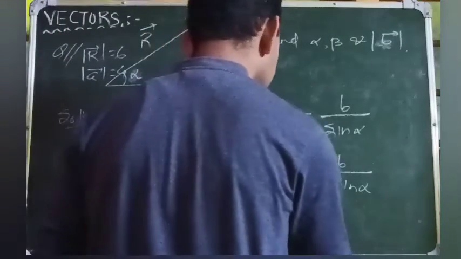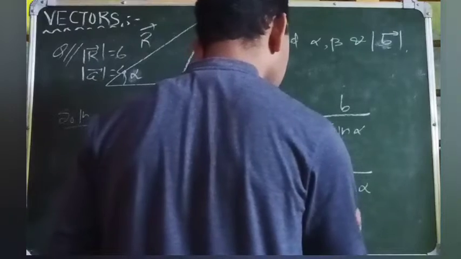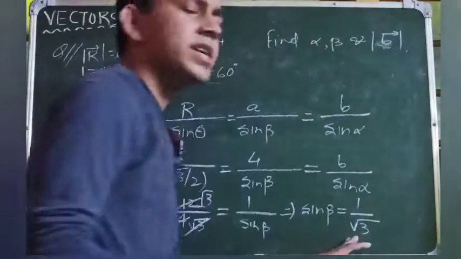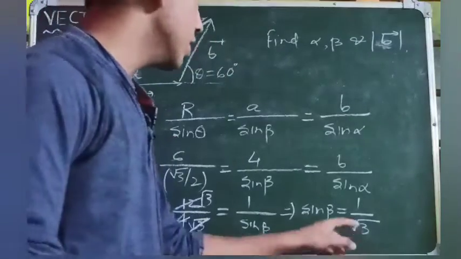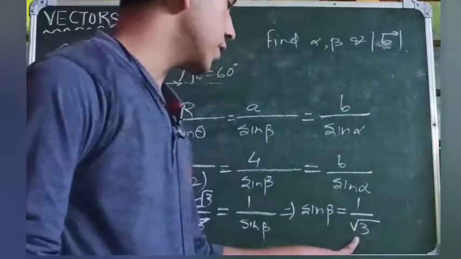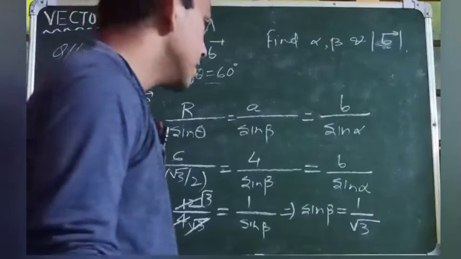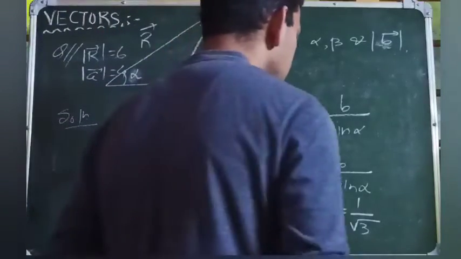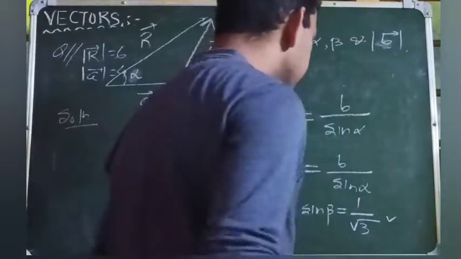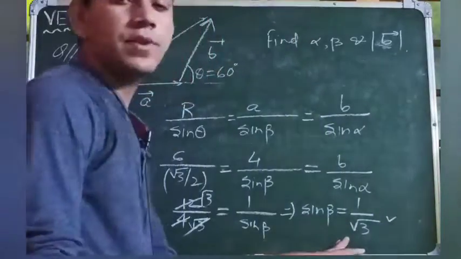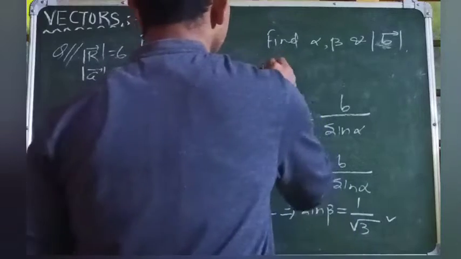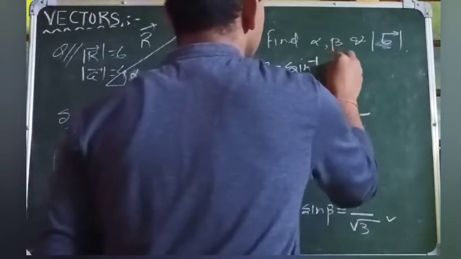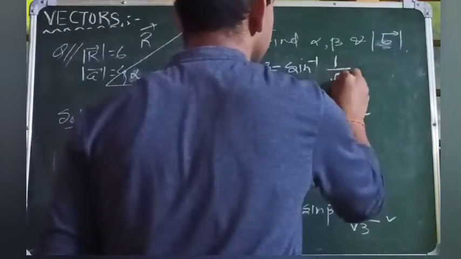So, sine beta is equal to 1 upon root 3. Root 3 is basically 1.732, so this value is going to be less than 1 and greater than 0. So, it satisfies the range of sine. So, the value of beta exists, and we can write beta is equal to sine inverse 1 upon root 3.